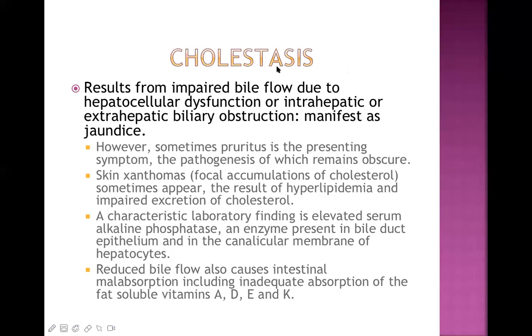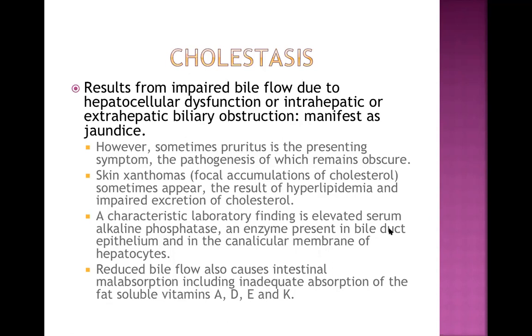And because of long-term obstruction of the bile, fat cannot be absorbed. Fat absorption needs bile. The bile salt should form micelle, then that micelle will be incorporated into chylomicron. That's how fat is absorbed from the intestine.